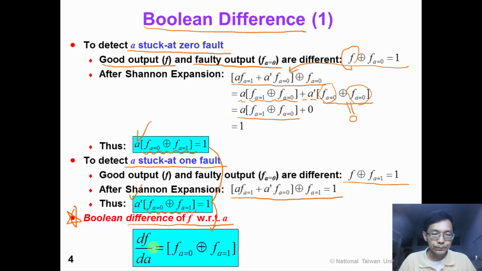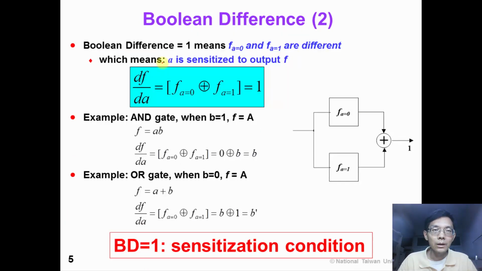is df over da equal to the negative cofactor exclusive or the positive cofactor. Although the appearance of Boolean difference df over da looks very similar to traditional algebra, it has nothing to do with derivatives.